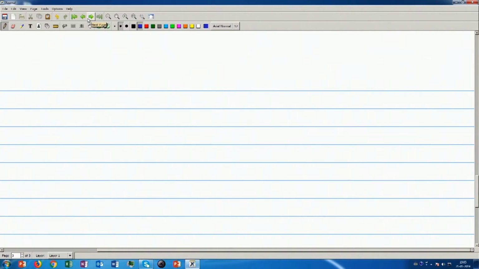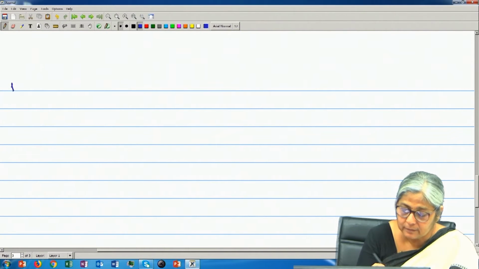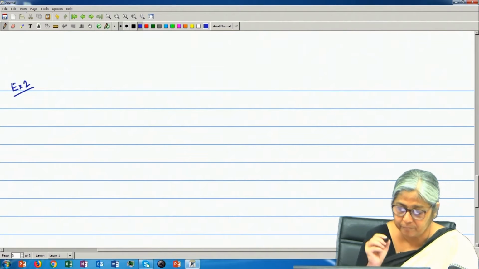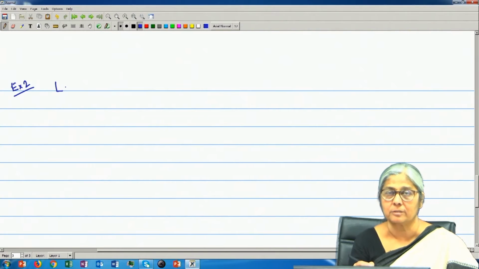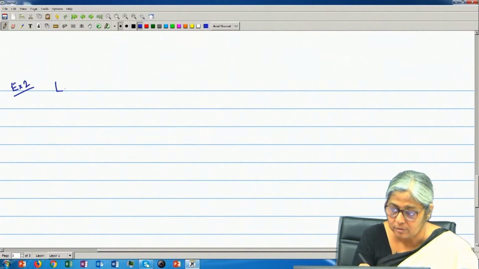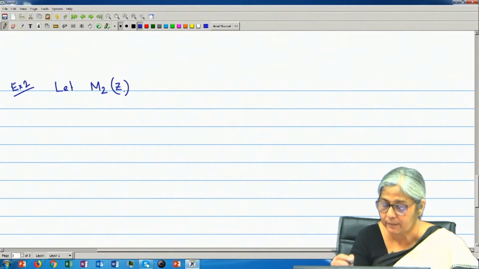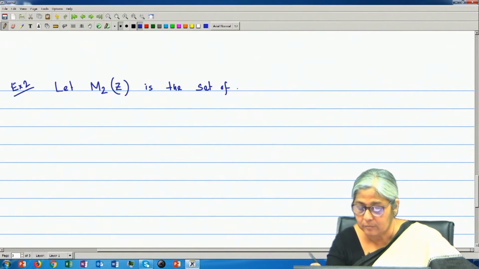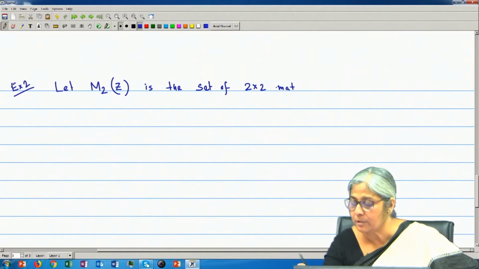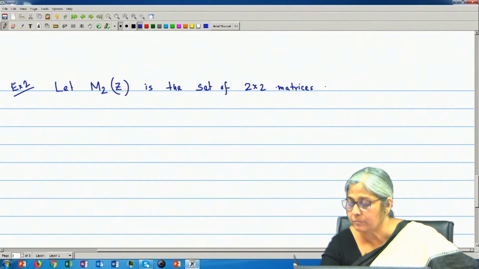Now, we consider another example of a different type. We consider a set of 2 by 2 matrices. So, let M2(Z) be the set of two by two matrices of integers, that means matrices of integer elements.